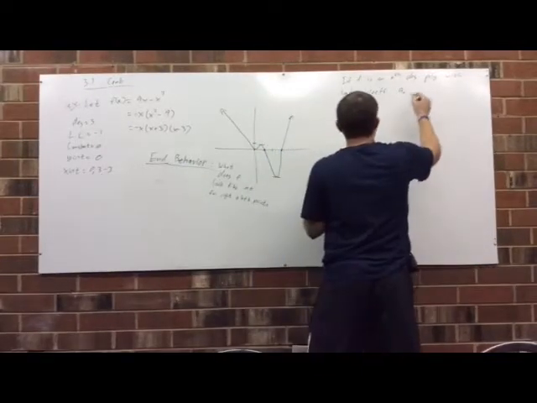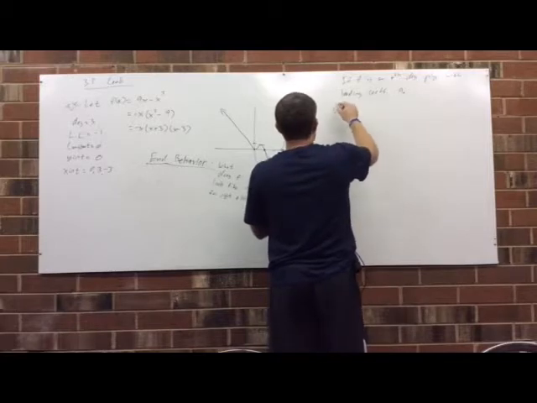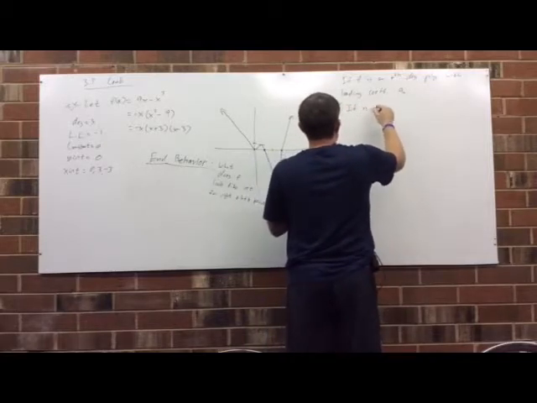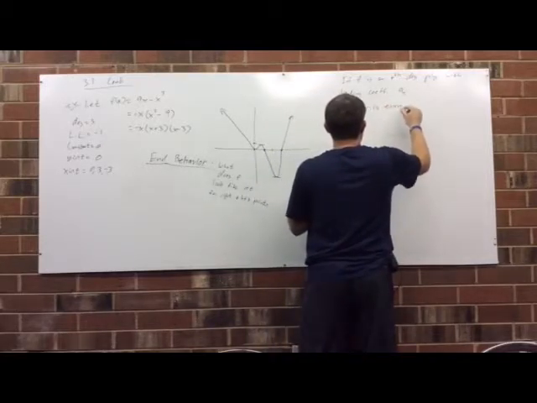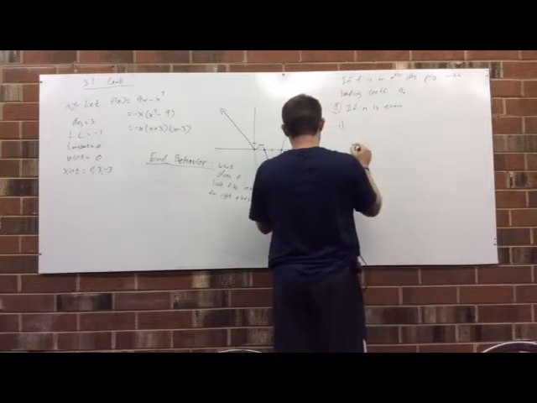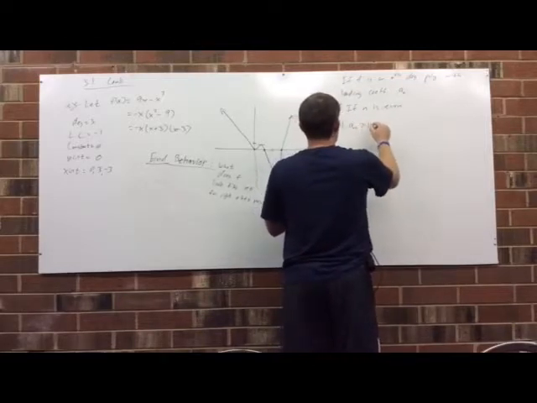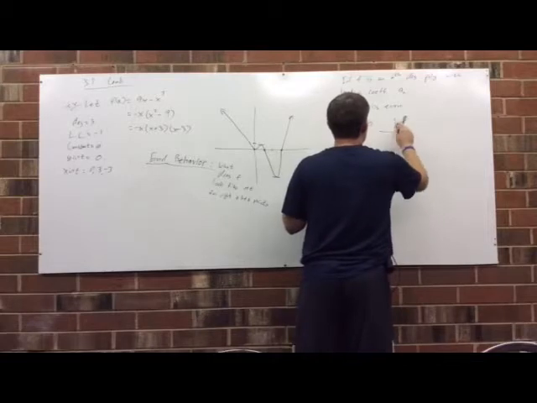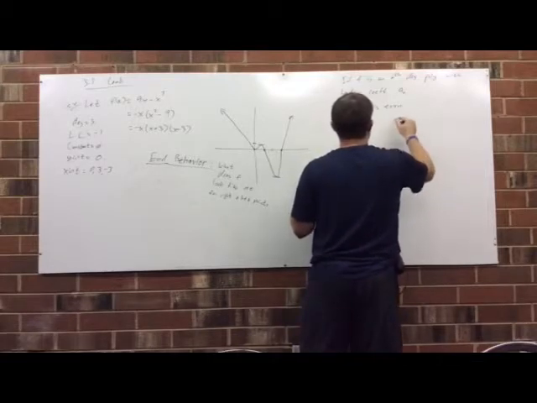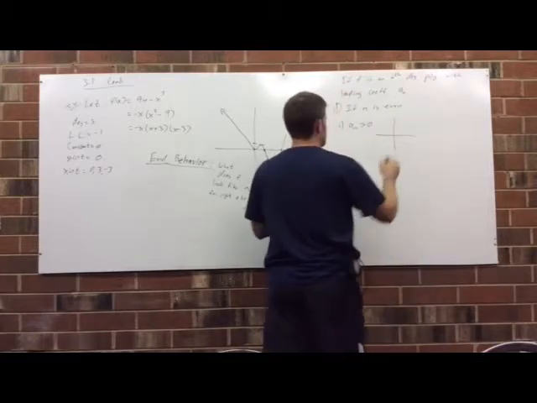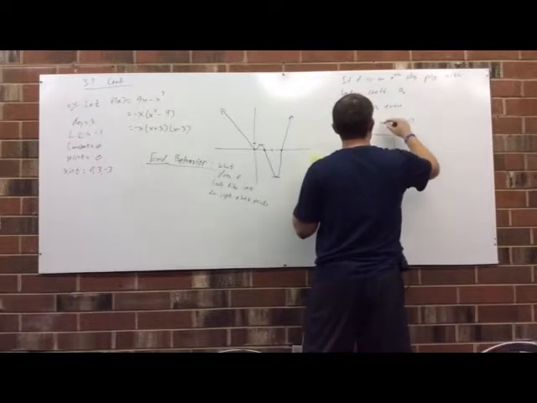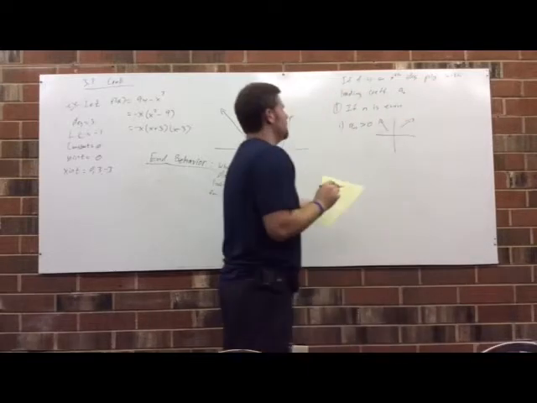Then here's the rules. Number one, if n is even and a sub n is greater than 0, then the end behavior of the graph is going to look something like this. It's going to be in the first and second quadrants.